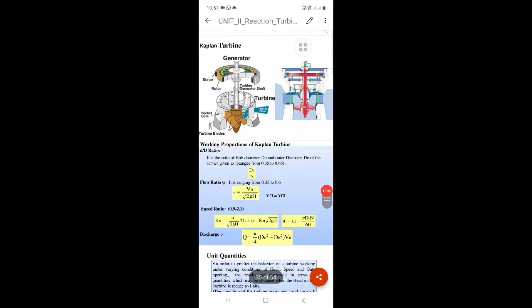Next, speed ratio Ku is equal to U upon root 2gH, where U is equal to Ku root 2gH. So U1 is equal to U2 is equal to pi D N upon 60. So discharge Q is equal to pi by 4 into (DO square minus DB square) into Vf1. So write down these working proportions of Kaplan turbine.